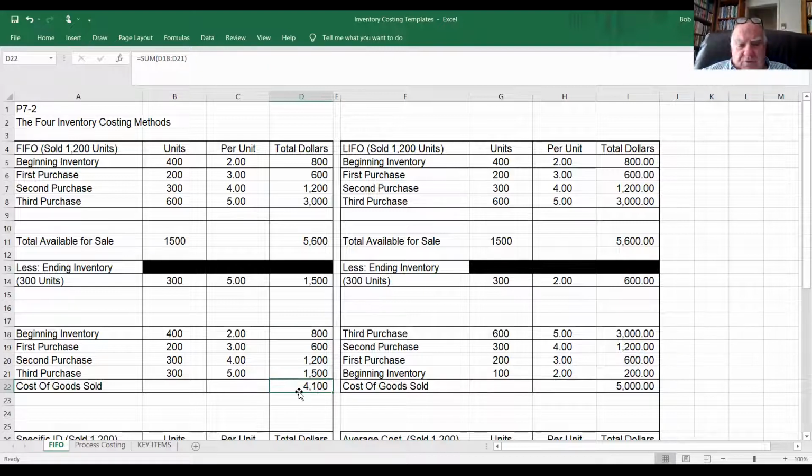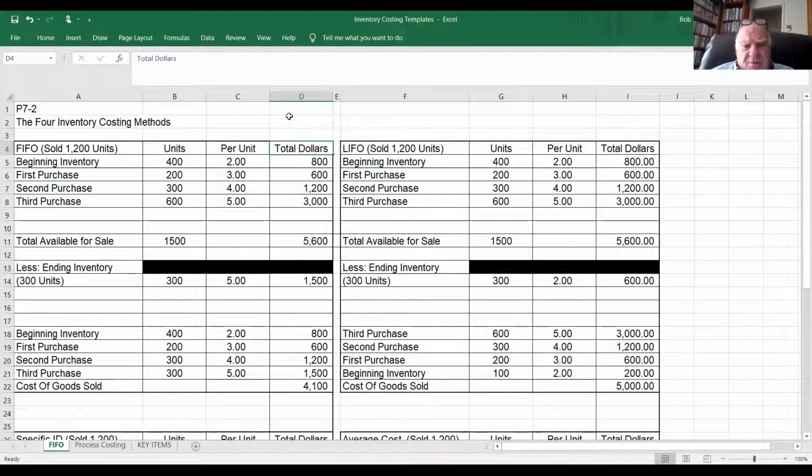Our cost of goods sold was only 4,100. Our sales were, say, 10,000. We're going to show great numbers. So maybe a little bit of psychology in picking FIFO. Plus it is easier. And I think it gives you a smoother rendering of your sales and cost of goods sold.